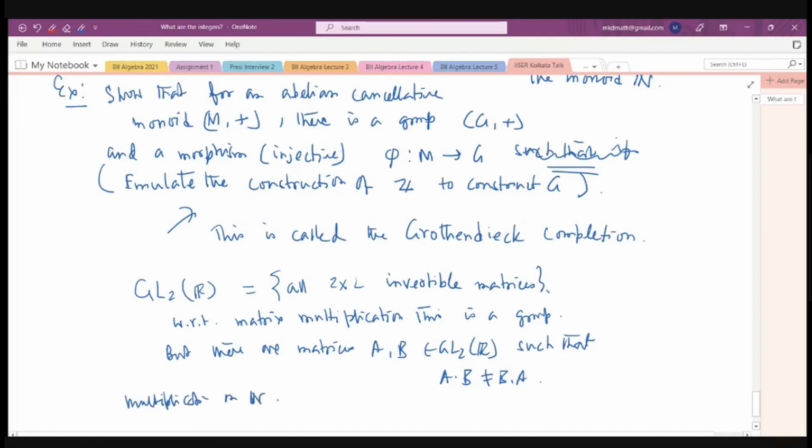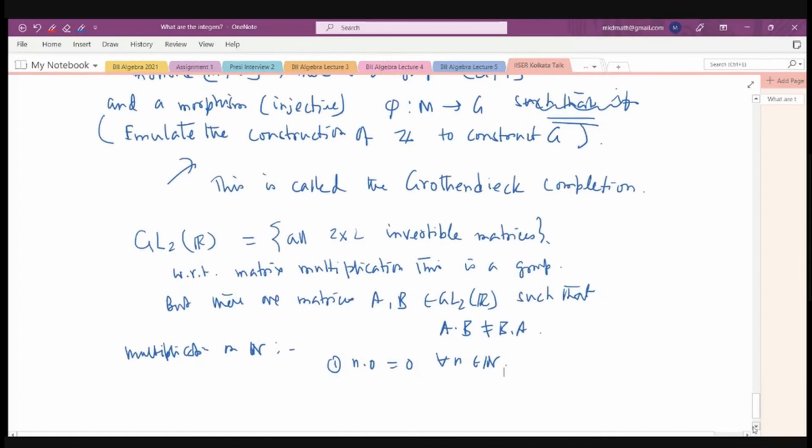So you declare that n times 0 equals 0 for all n, and then a recursive definition: if you know what n times m is, then you know how to define n times the successor of m, which is n times m plus n.